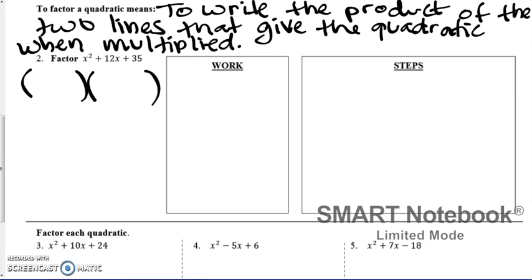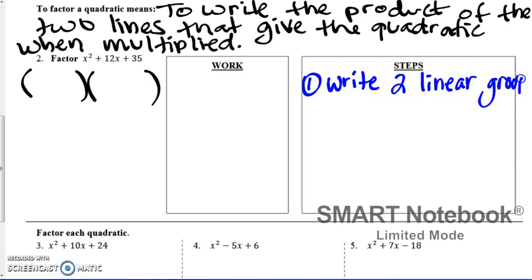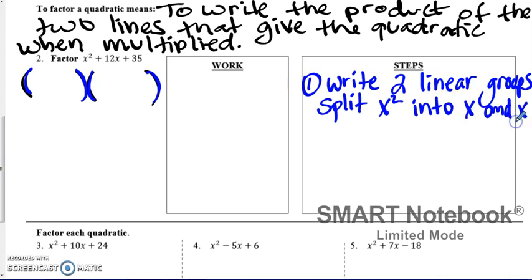So the first thing that we are going to do is we are going to write the two linear groups. Okay, and that's what I did over here when I made my two parenthesis groups. And when we do that, we're going to split x squared into x and x.